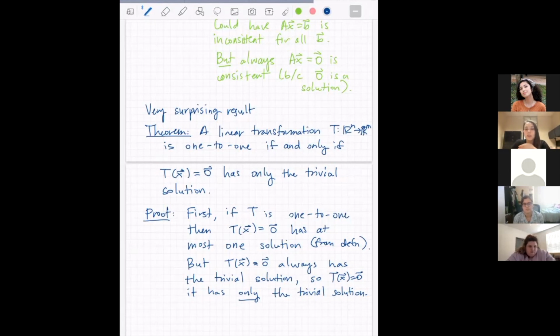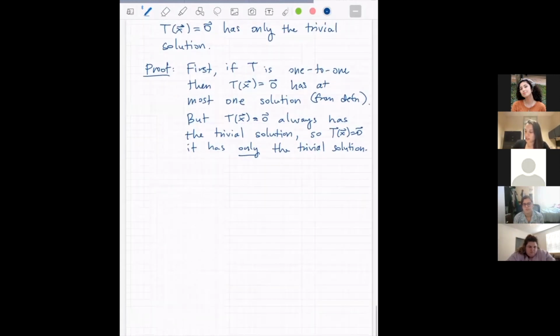And we need to go in the other direction. So if T of X equals 0 has only the trivial solution, we want to show that the function is one-to-one, right?